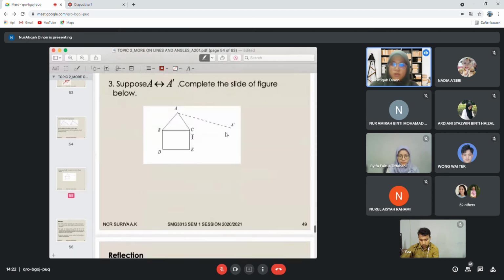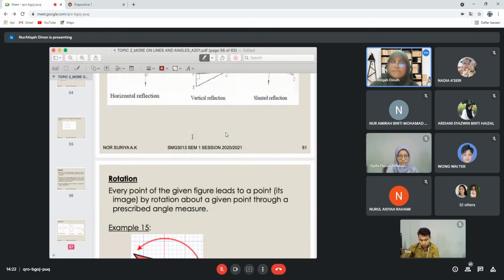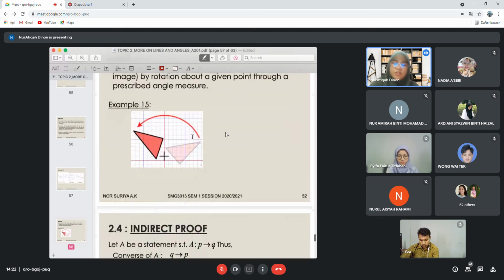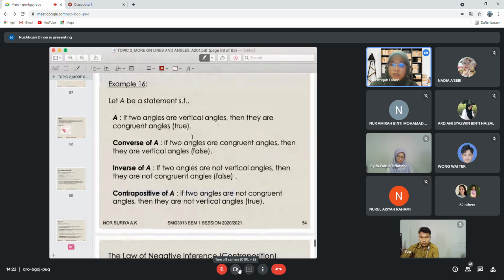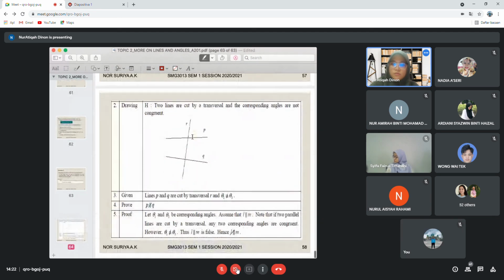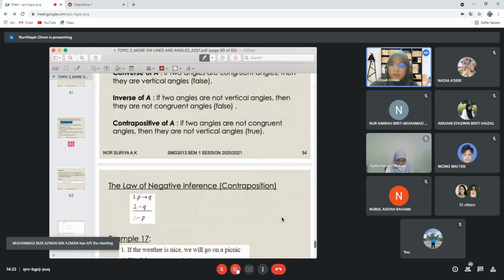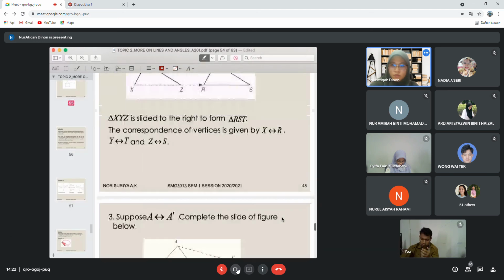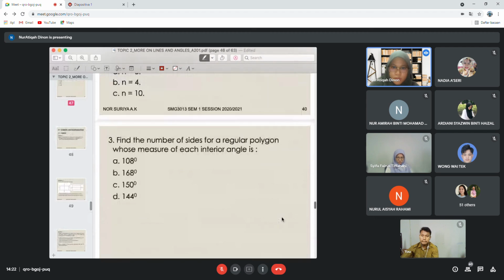This one, transformation, reflection, is kind of a recap of what you already learned during high school. Then there's a little indirect proof. Okay, so that means there are no exercises here, just a few exercises, and they are quite easy.